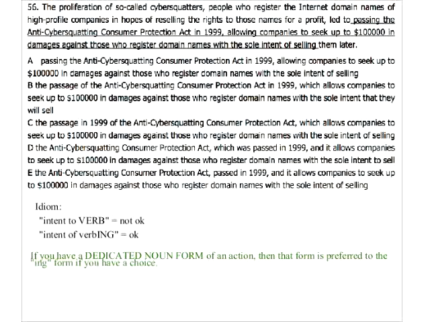So for instance, if you say something like, "the destroying of this building brought tears to the eyes of its former residents," this would be compared to "destruction."